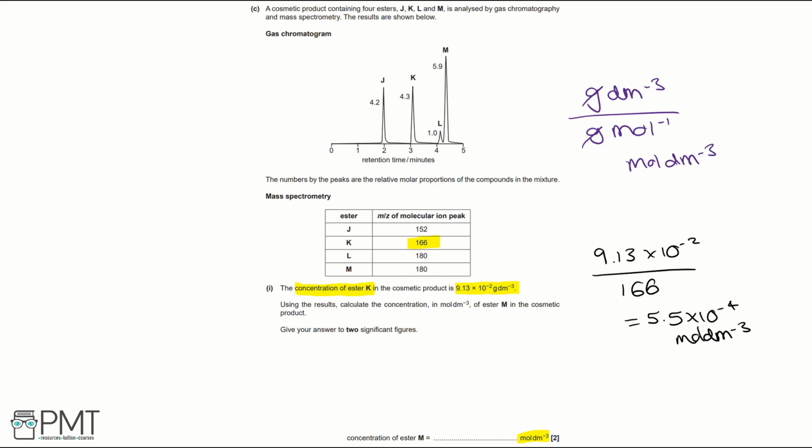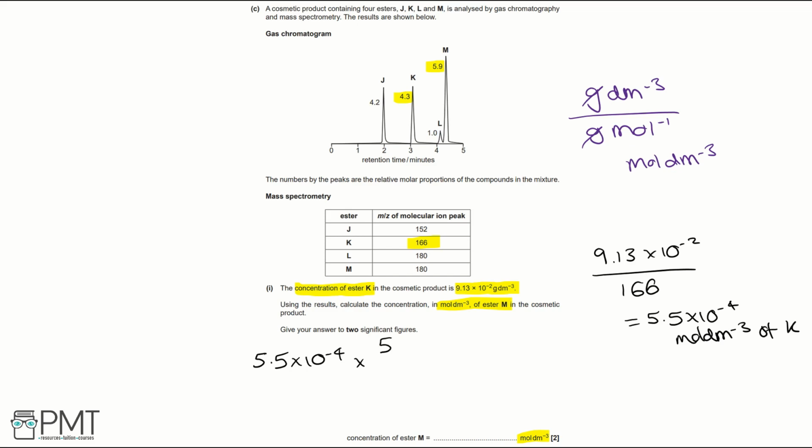So here we've got the concentration of K, and we eventually want the concentration of M. So if we look at the areas, we've got M is 5.9 and then K is 4.3. So what we can do is take 5.5 times 10 to the negative 4 and multiply this by the proportion.